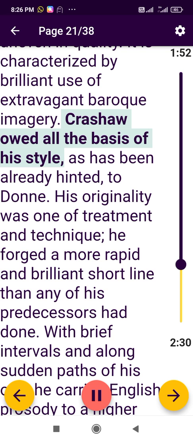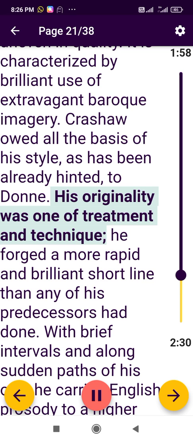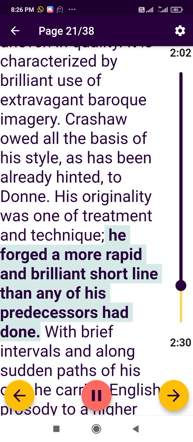Crashaw owed all the basis of his style, as has already been hinted, to Donne. His originality was one of treatment and technique. He forged a more rapid and brilliant short line than any of his predecessors had done.